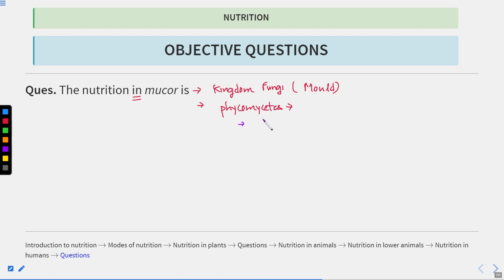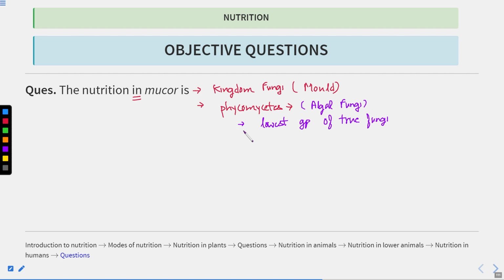So Phycomycetes, first of all, is the lowest group of true fungi. Okay. And Phycomycetes are also known as algal fungi. They are thread-like. Okay.